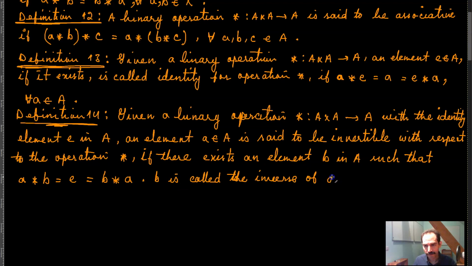B is called the inverse of a and is denoted by a inverse. Right, so that was definition number 14. And that was basically all that we had here.